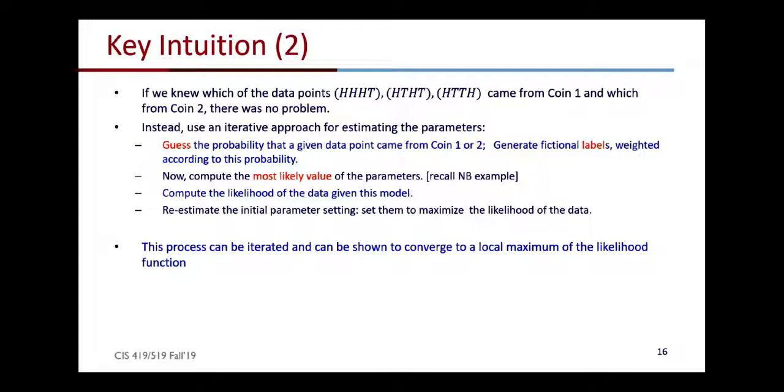And the reason we can run the naive Bayes algorithm is because I'm making this Bernoulli assumption. But the starting point that we have is random. So essentially, this is the game we're playing. We guess labels. We use them to estimate model parameters. Now that we have model parameters, we can compute the likelihood of the data that, yet again, gives us labels, and we can keep on going.